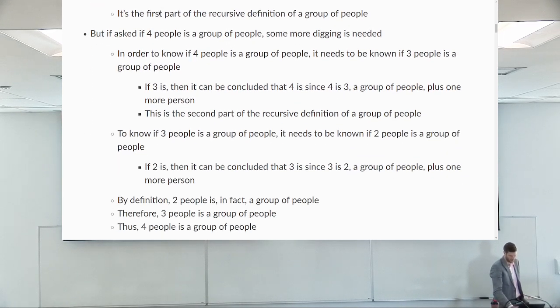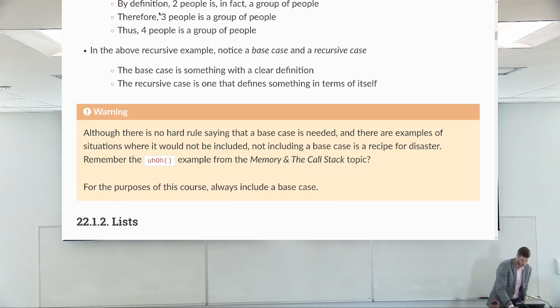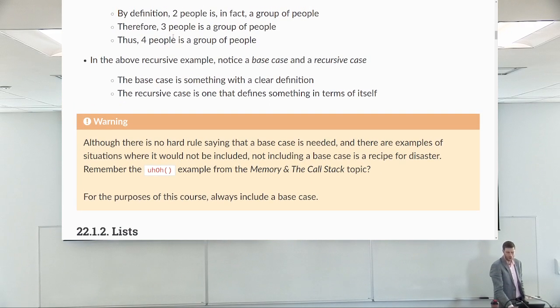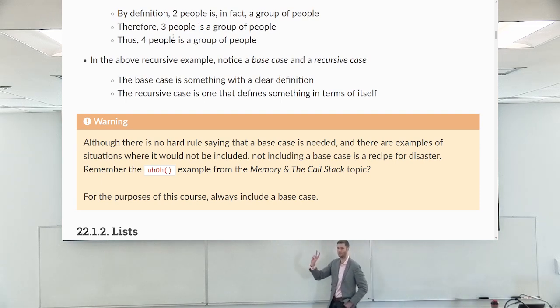All right. This is just working through what we just did. So, there are 2 parts of your typical recursive definition of things. I will say, technically, it only needs 1 part. Technically, chances are you really want 2 parts.